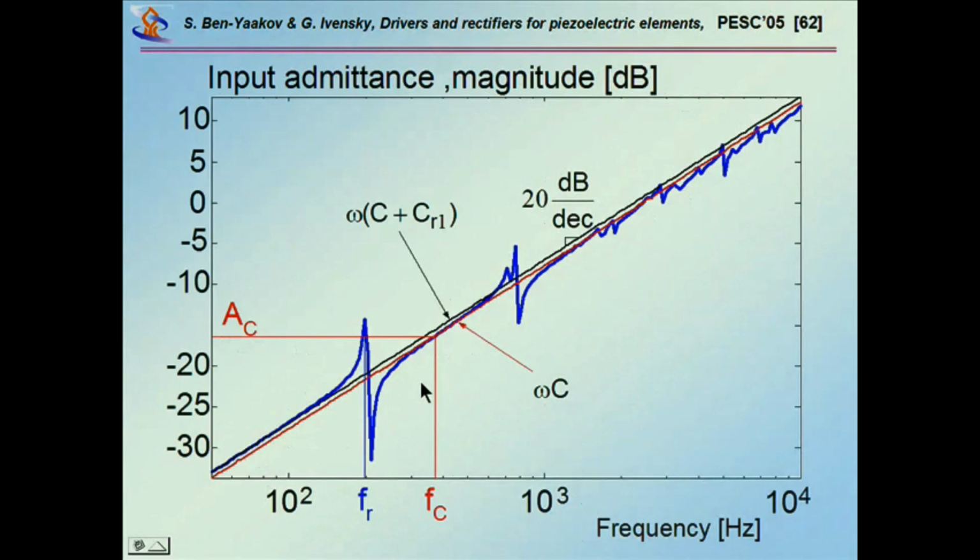And here is a typical sort of Bode admittance curve. You see, this is the capacitance at very, very low frequencies. This is what you measure, say, with an RLC meter, okay? And as you go beyond the first resonant frequency, notice that this straight line, 20 dB per decade, represents capacitance.